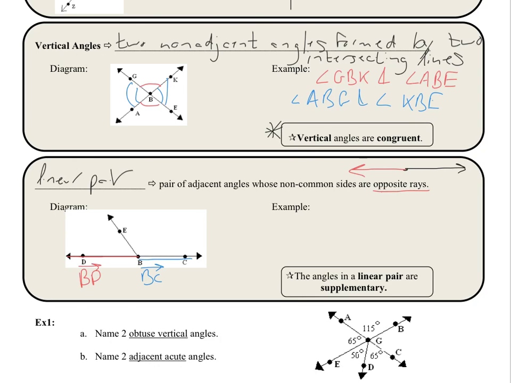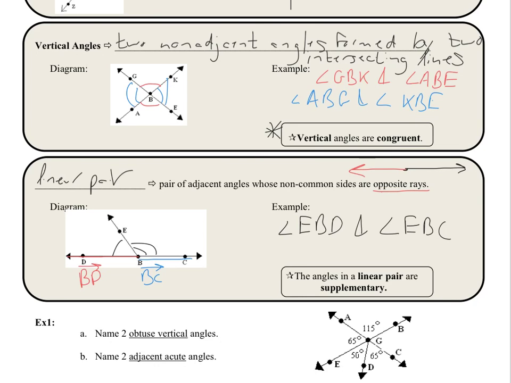That's our opposite rays. Now, a linear pair would be this example. We have angle EBD and angle EBC.